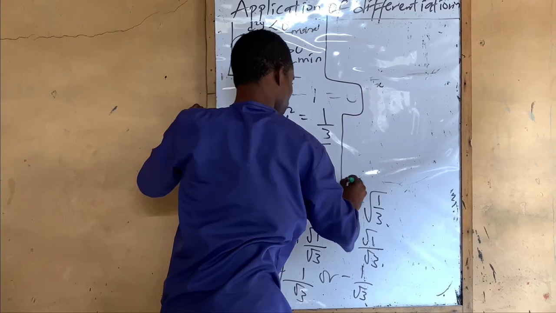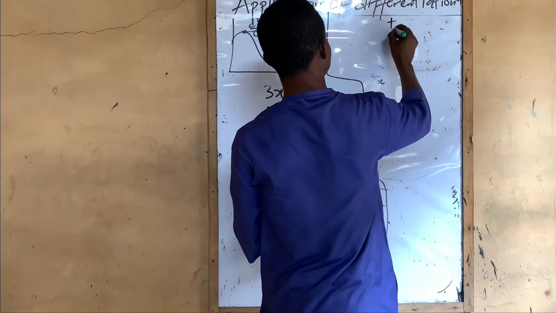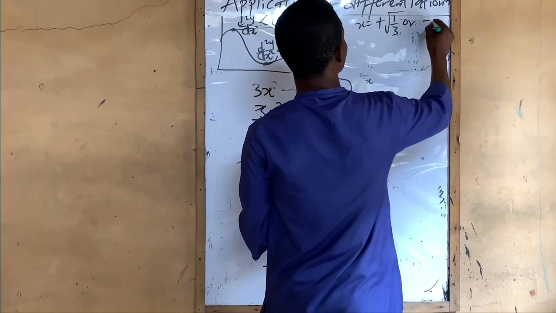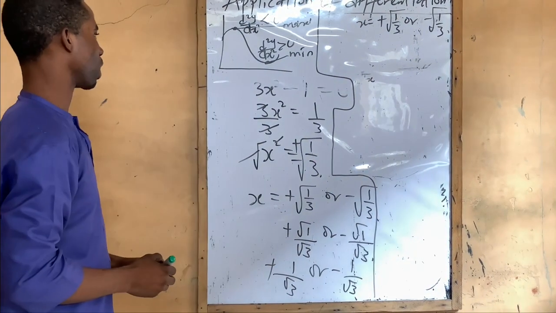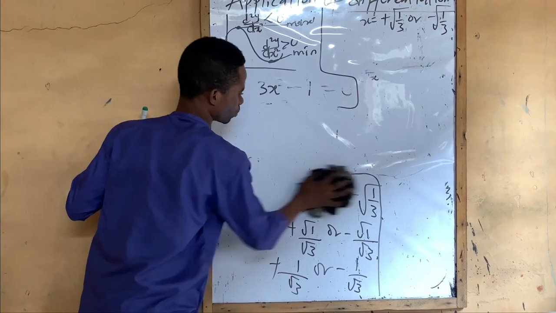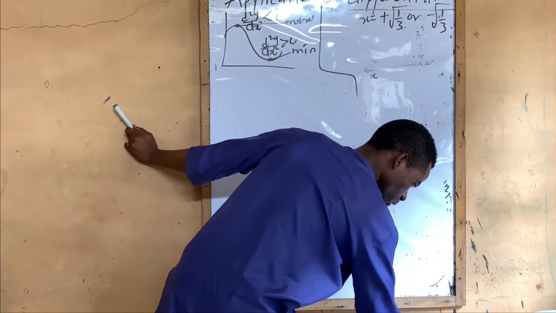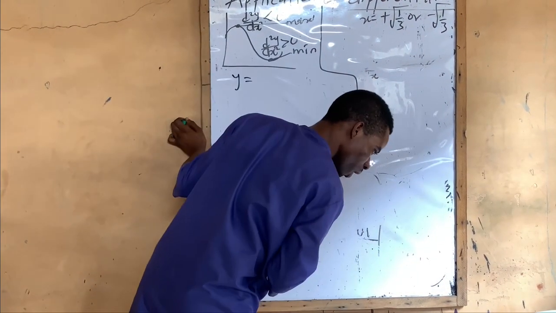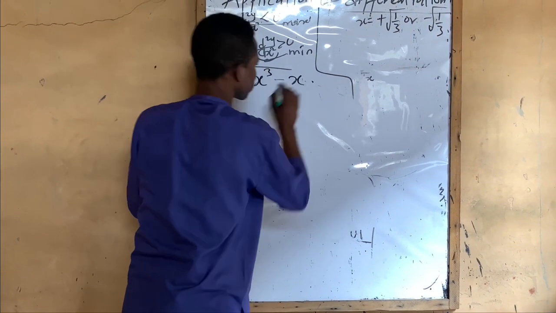Now let me find the second derivative. Now I got s equals plus root 1 over 3 or minus root 1 over 3. Those are the two values of x I got. Now let me differentiate it once more. The question originally is y equals s cubed minus x.